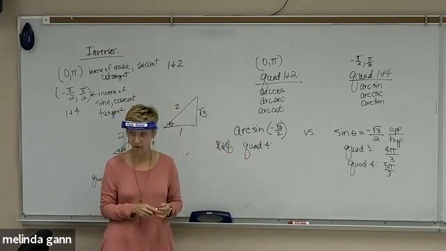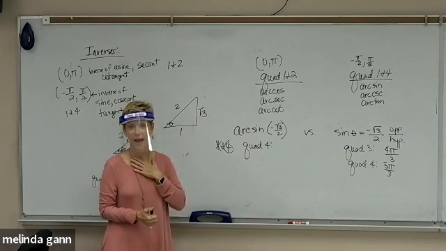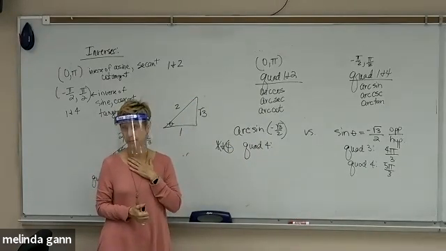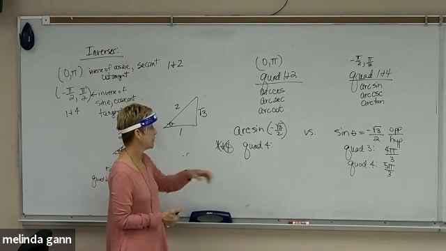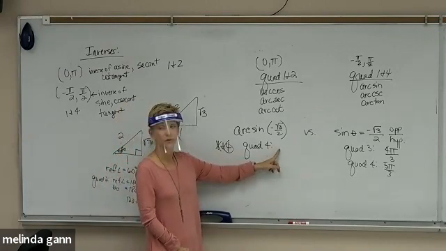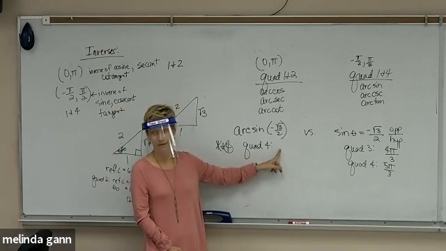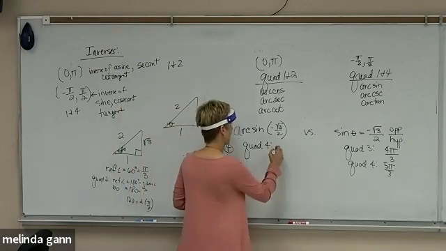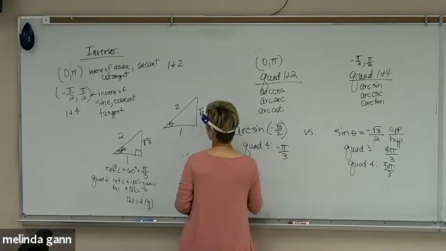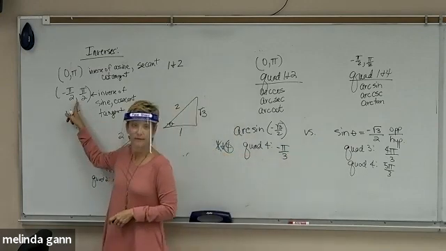Everybody tracking with me so far? Now here's the part that I'm not happy about, but I didn't do it, so don't blame me. What do you think I'm going to write down here for my answer? 5 pi over 3. But that's not right, because of the way they defined it.